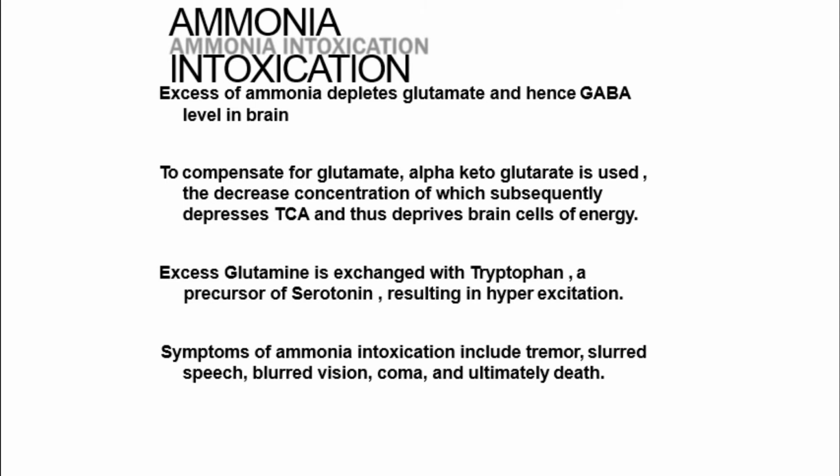And as these are being decreased, the excess glutamine that we have, because glutamate will be converted into glutamine ultimately, we know that, ultimately results in several physical symptoms such as hyperexcitation, tremor, slurred speech, blurred vision, and may even cause death if we have ammonia intoxication.